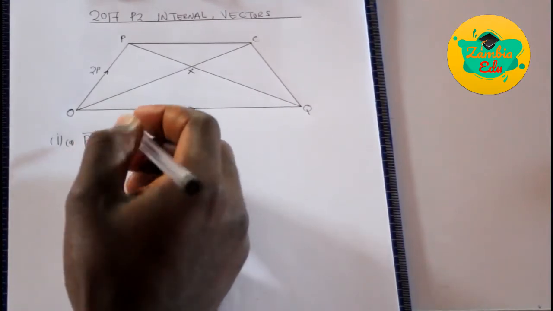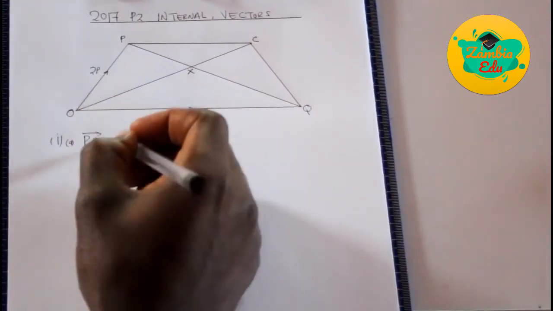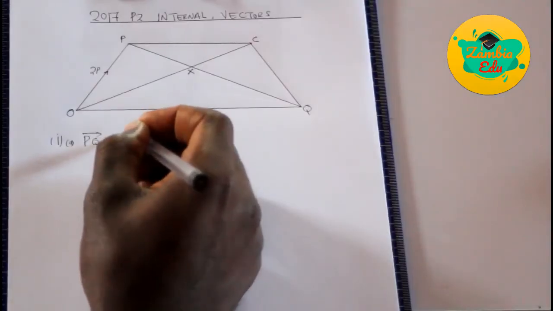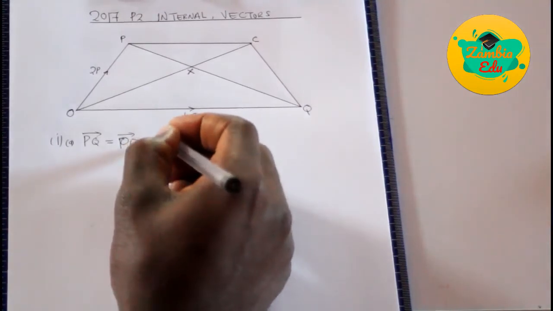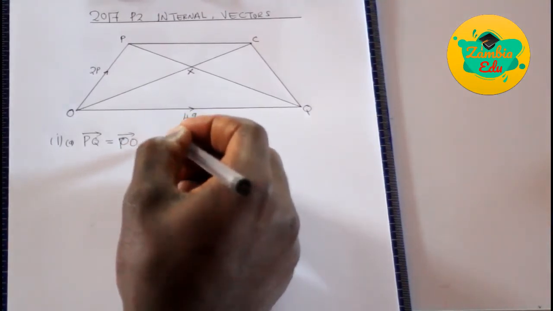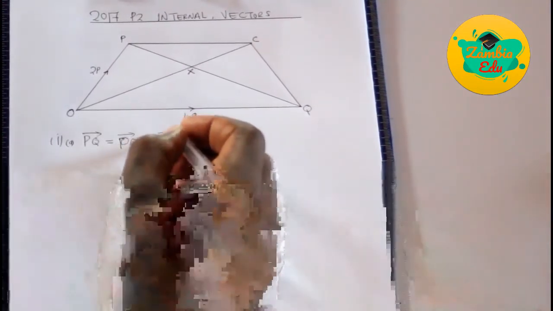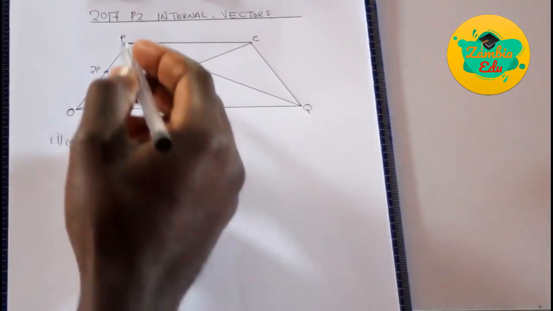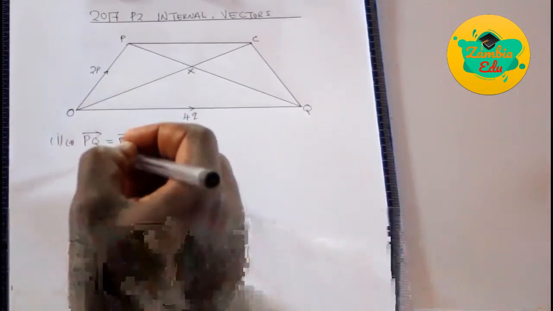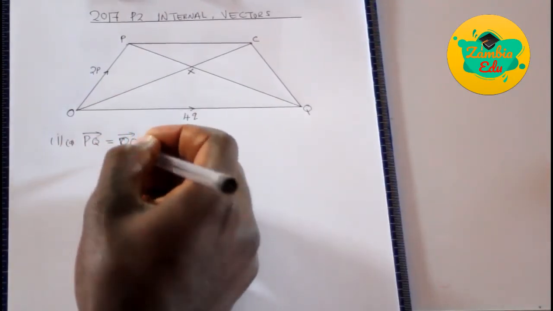So we therefore take P to O plus O to Q. That is going to be equal to P to O is negative 2P.